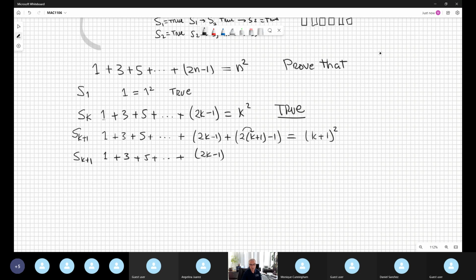You apply the distributive property. This is 2k plus 2, minus 1. This is 2k plus 1, no? 2 minus 1 is 1. So this last term is actually 2k plus 1, equal to k plus 1 squared. Okay, but remember the most important thing. Remember the assumption.